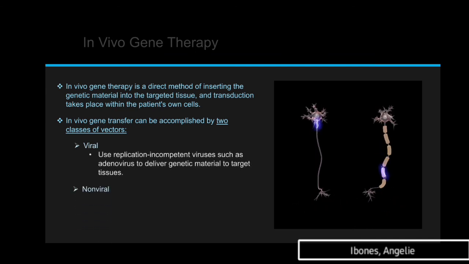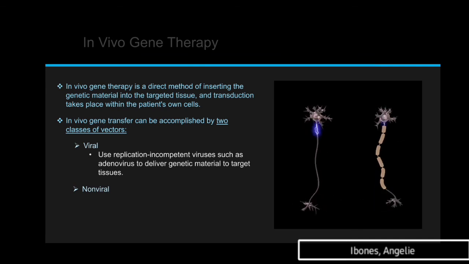The viral vector use replication in competent viruses such as adenovirus to deliver genetic material to target tissues. Because these vectors are based on viruses that have evolved specifically to deliver genetic material to mammalian cells, they usually result in a high percentage of cells being transfected.